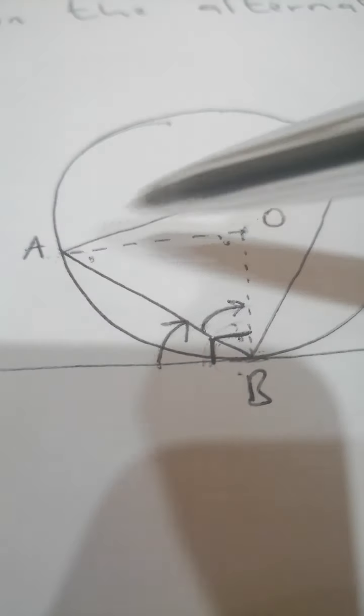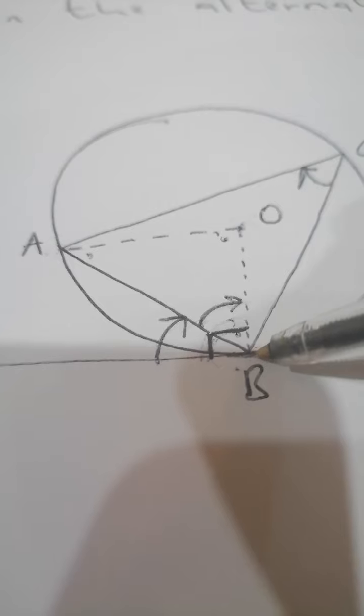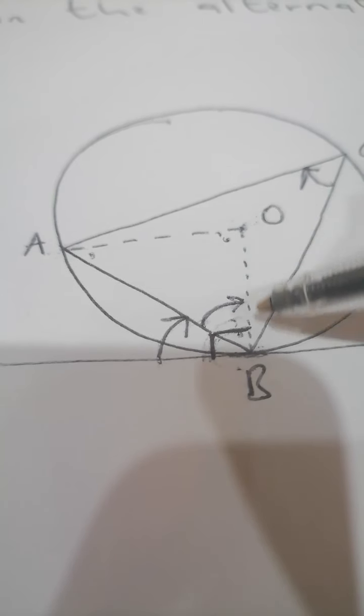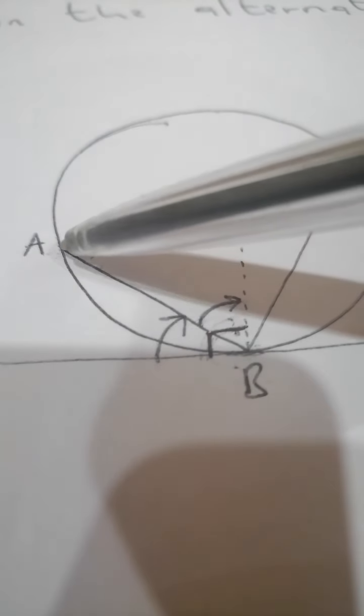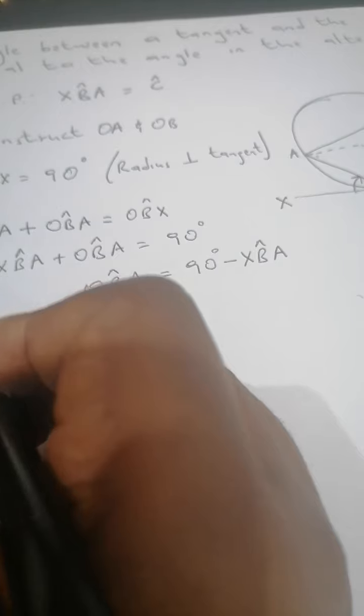So now we can use the fact that line OA is equal to line OB, because that implies that angle OBA is equal to angle BAO. Remember that we must try by all means to get all angles of triangle AOB. So we say angle BAO is equal to angle OBA.